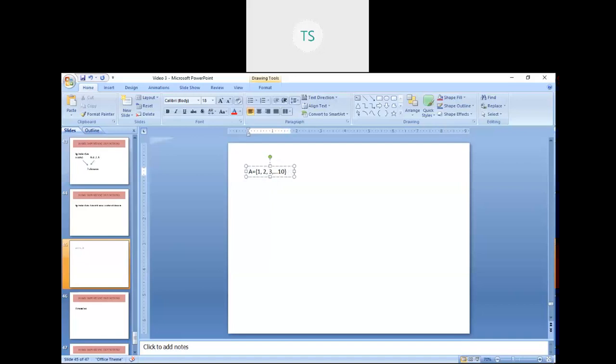Now you have another set capital B whose elements are 1, 3, 5, 7, 9. Now tell me about capital A and capital B. What do you notice from these two sets, capital A and capital B?